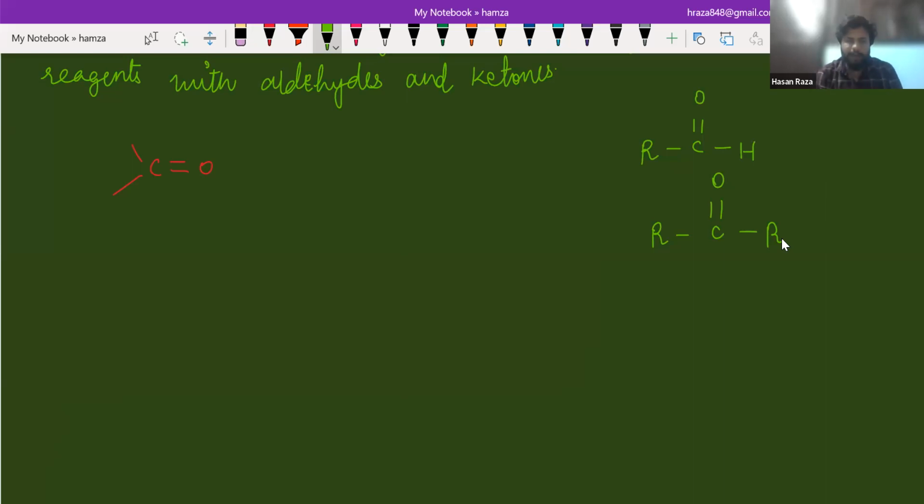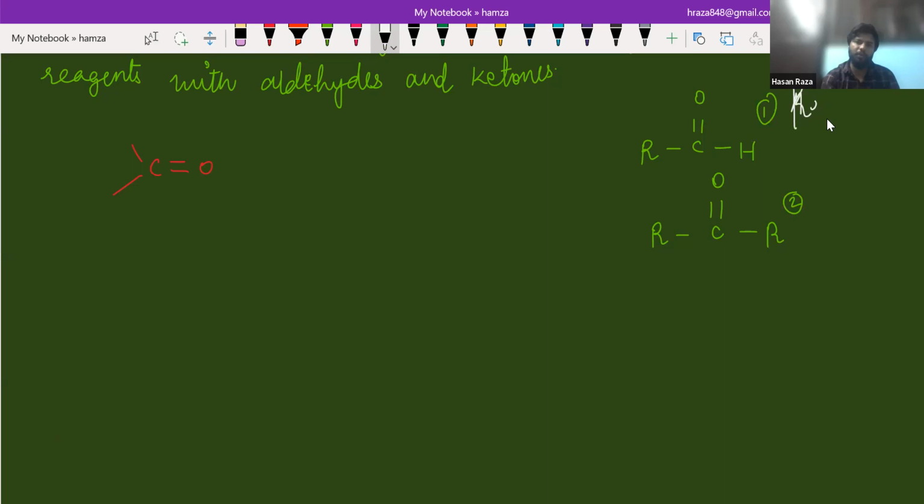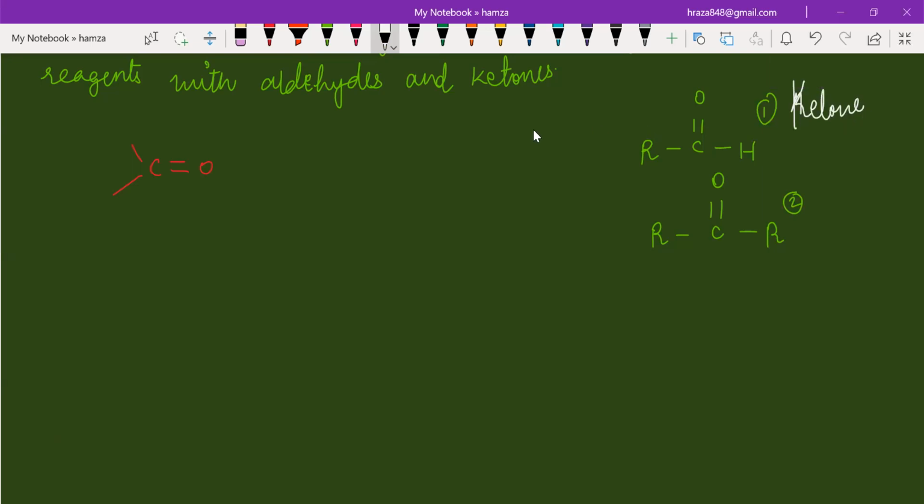Is the above one ketone or aldehyde, or the bottom one? Sneha, can you tell me? The first one is aldehyde and the second one is ketone.